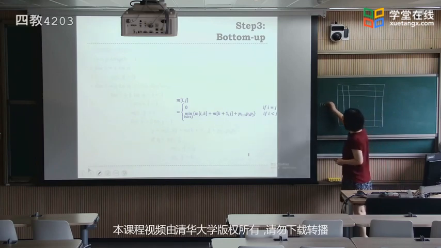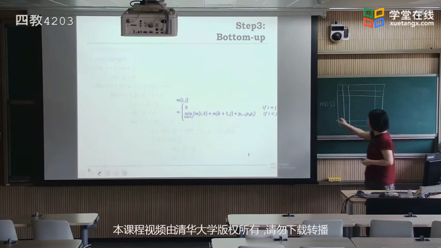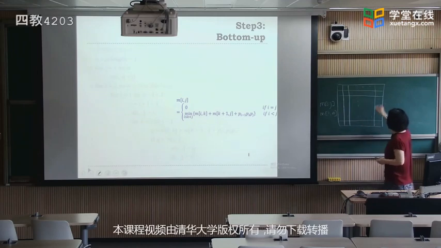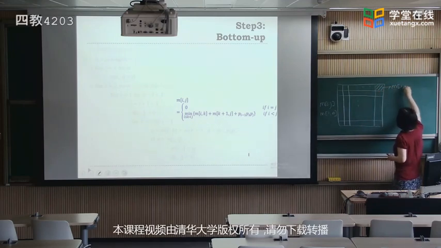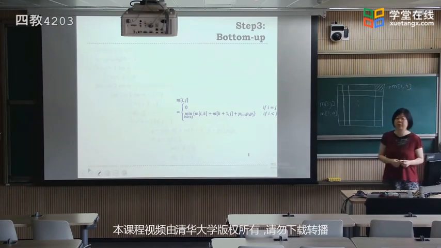This is a table for m[i][j]. The result we are looking for is actually in m[1][n]. Okay, so here is m[1][n]. This is the final answer we are looking for.